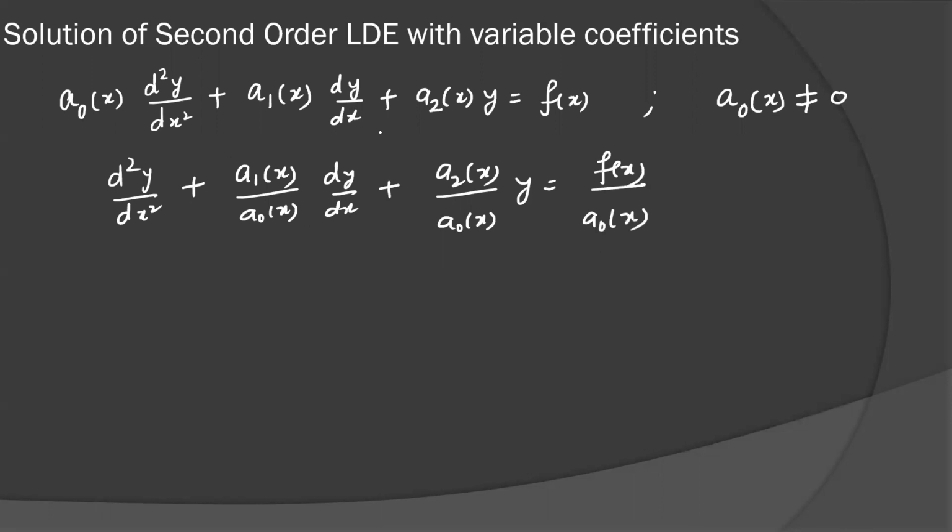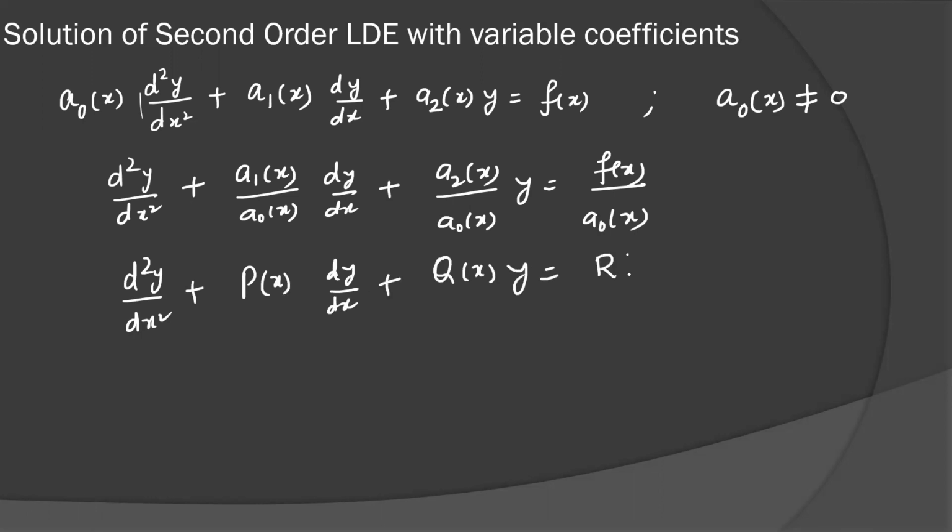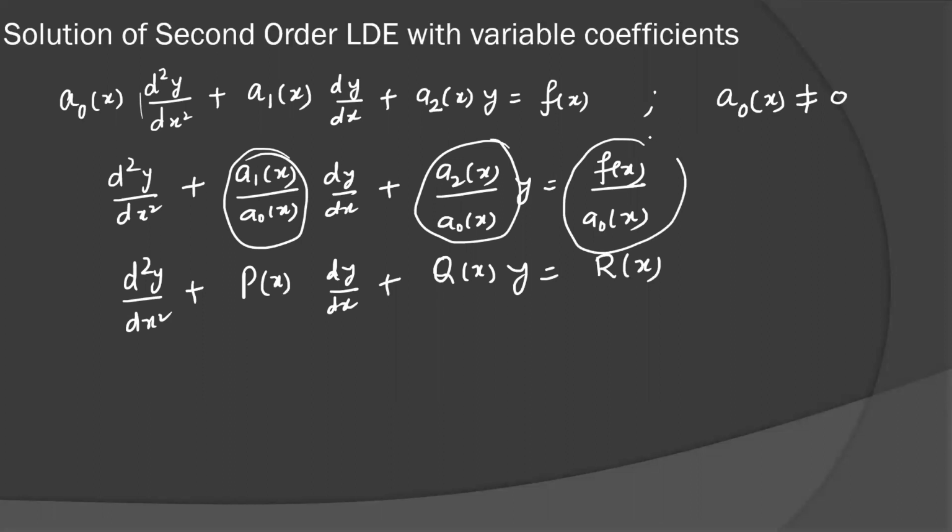Remember, it's linear because the degree of the order terms is 1. And call it d2y by dx2 plus px dy by dx plus qx into y equal to rx, where px is this value, qx is this value, and rx is this value.